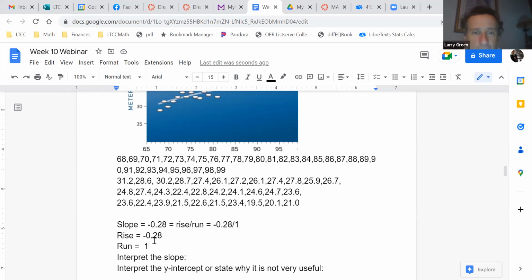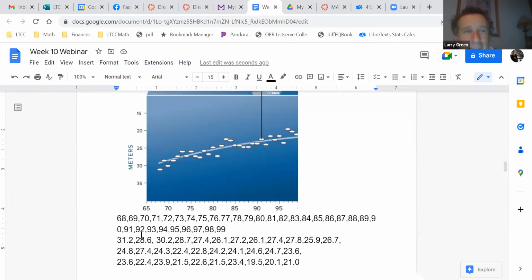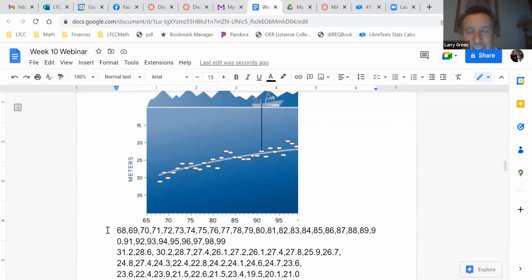Okay, well, running by 1, the run is the change in which variable? When you rise or run, the denominator, the run, is a change in what variable? Maybe I'll start with rise because that might be easier for you. The rise is a change in what variable? If you rise, is X changing or Y changing?